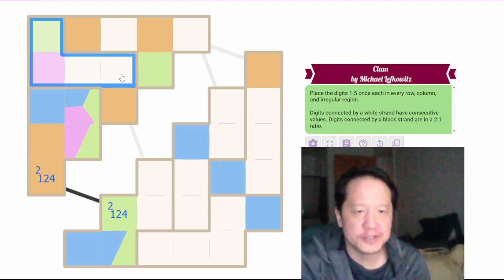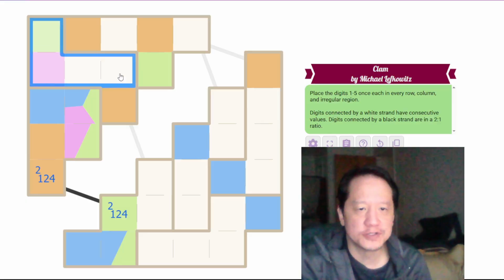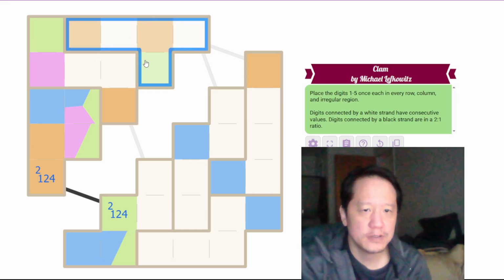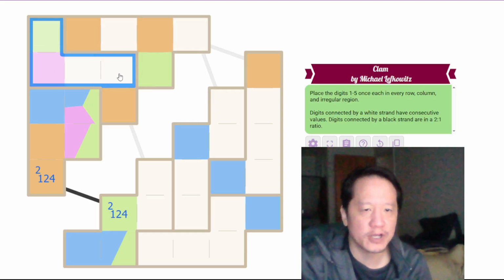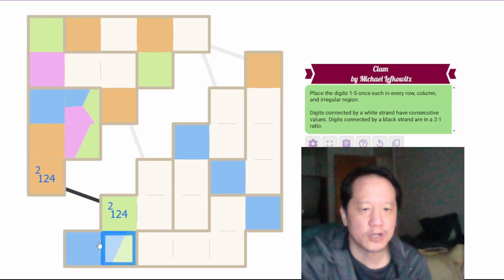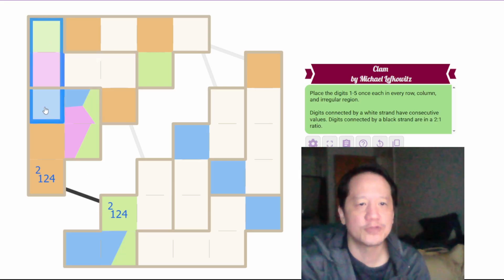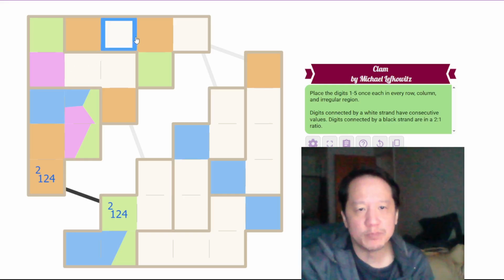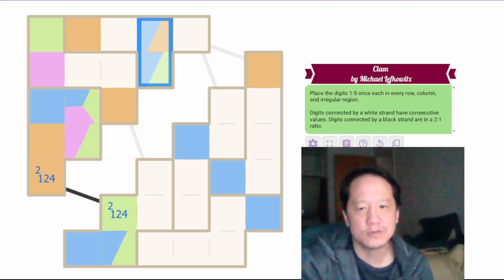It's one of these three cells. Cannot be orange because orange is different. So it's one of these three cells, which means in this region, blue cannot be either of these two cells because we have a blue accounted for here, a blue here, and a blue here. All three blues accounted for in columns 1, 2, and 3. So blue has to be one of these two.